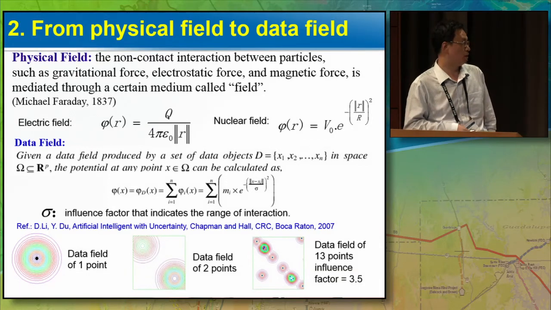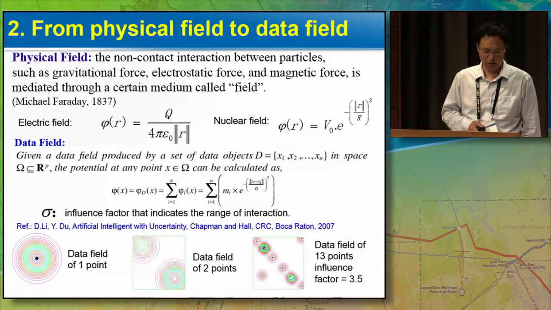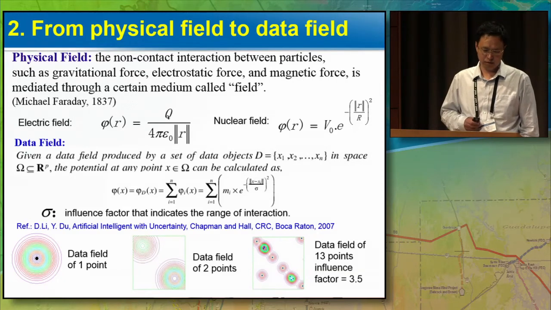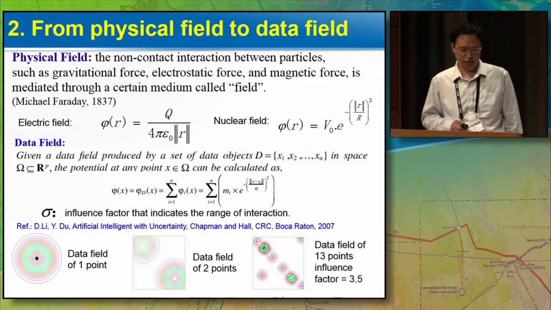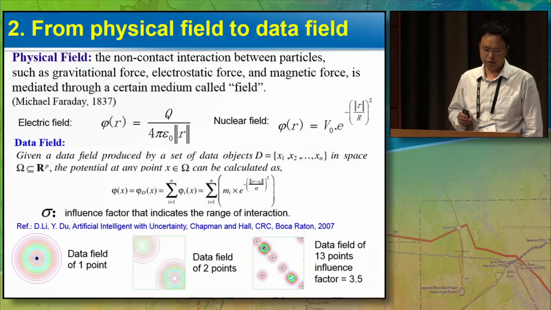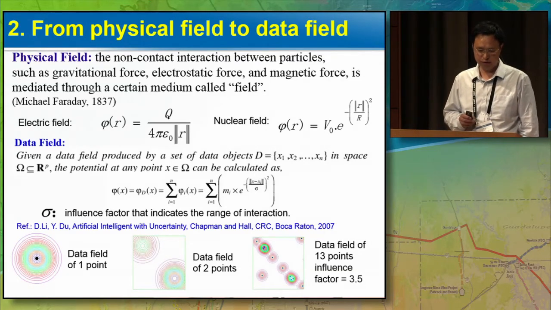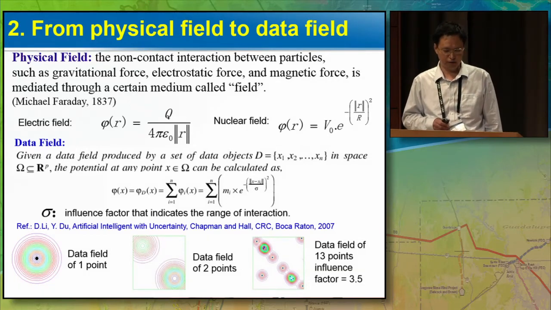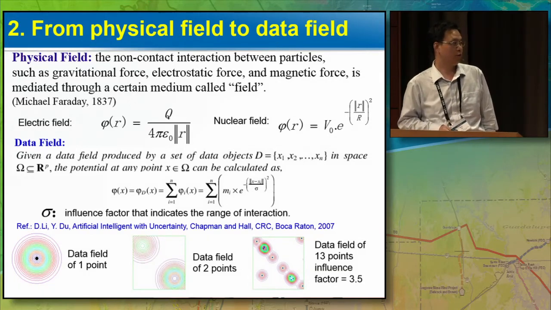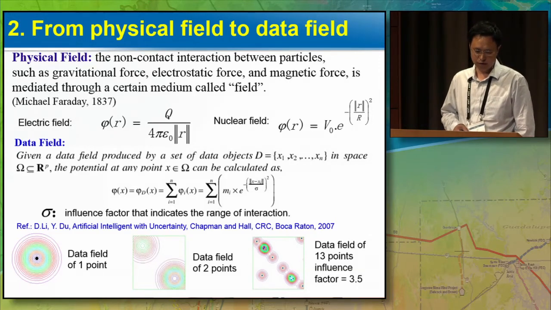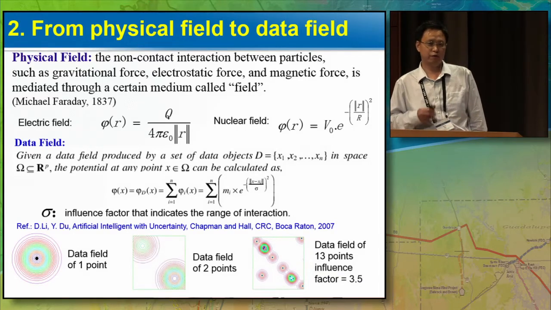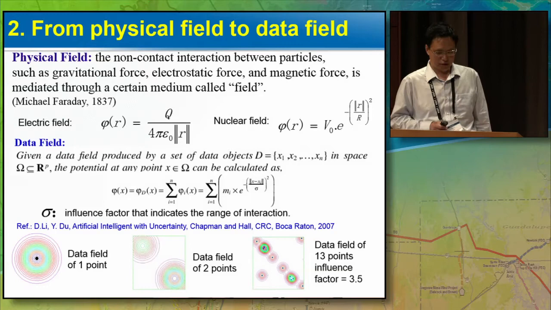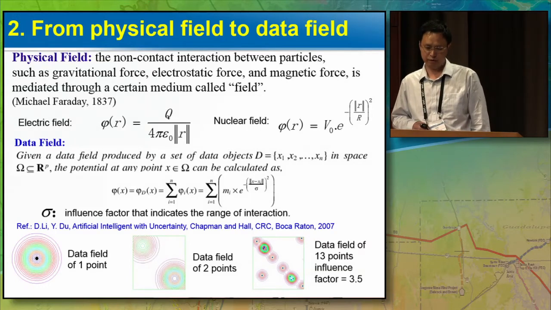Here is an example. It's a data field, which was put forward by Professor Deyi Li in China. He put forward the data field concept. It means given a data field produced by a set of data objects in space, the potential at any point can be calculated by the following formulas. Maybe someone will say it is similar to some other method, for example, the KDE, the kernel density estimation.